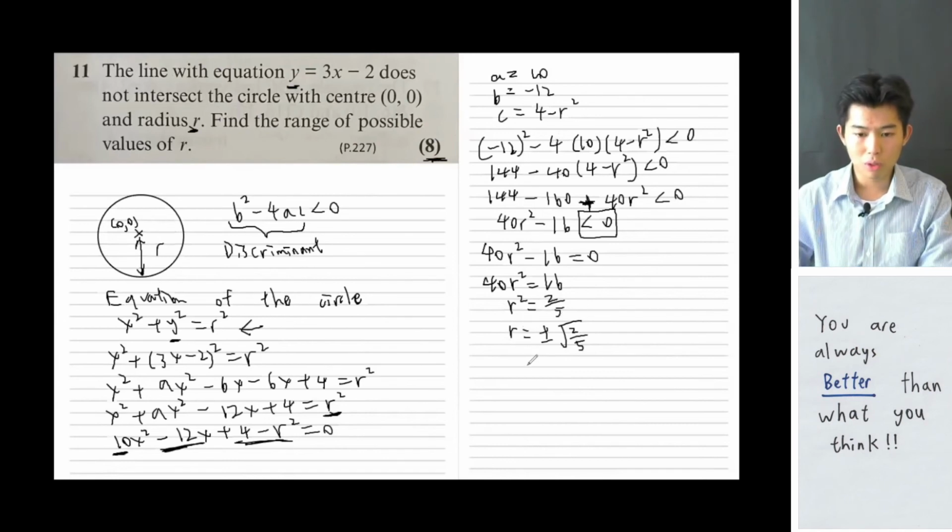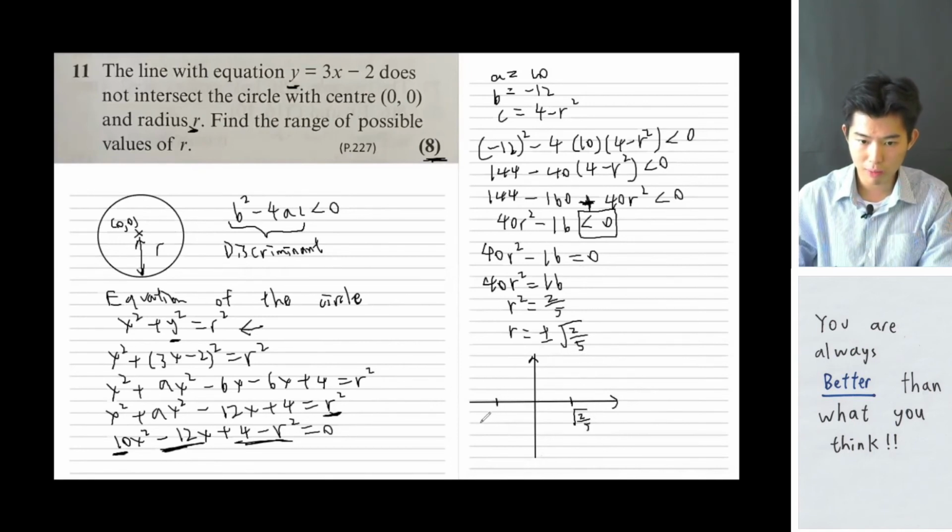So let's draw a graph for the critical values. Let's say this one here is root 2 over 5, and this one here is minus root 2 over 5.